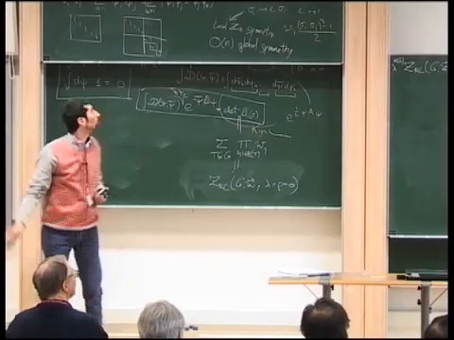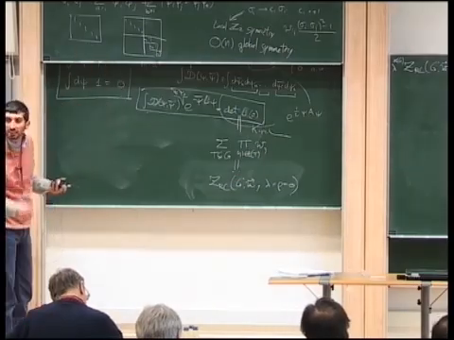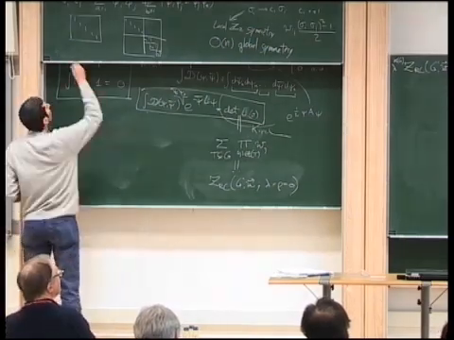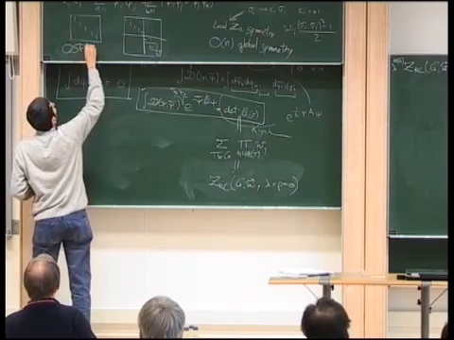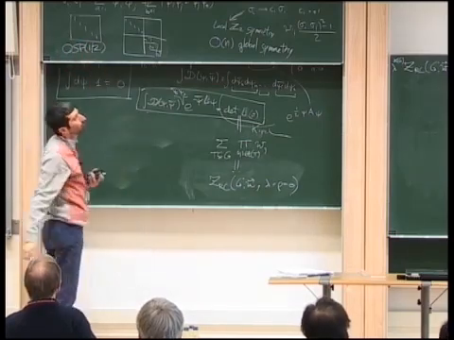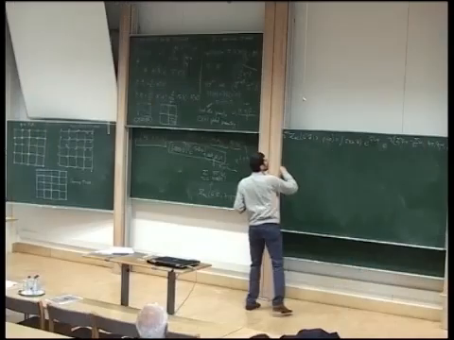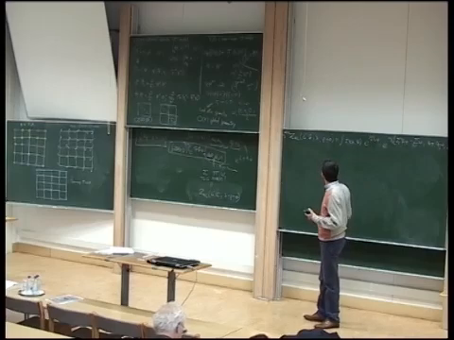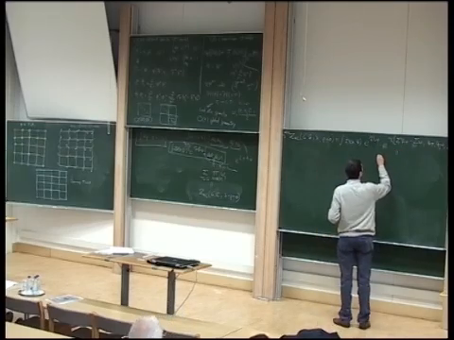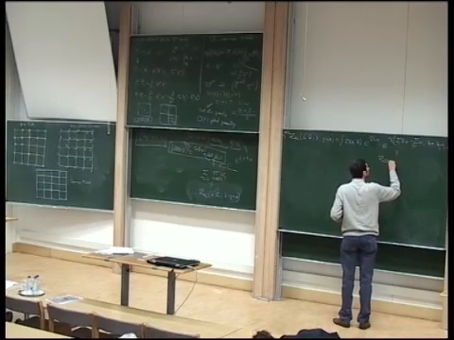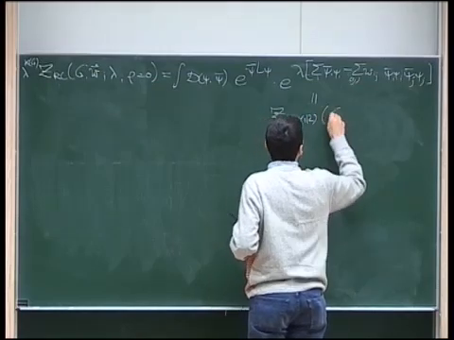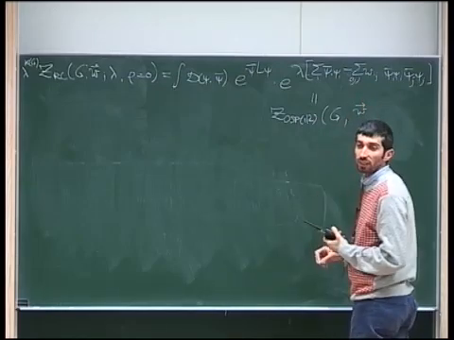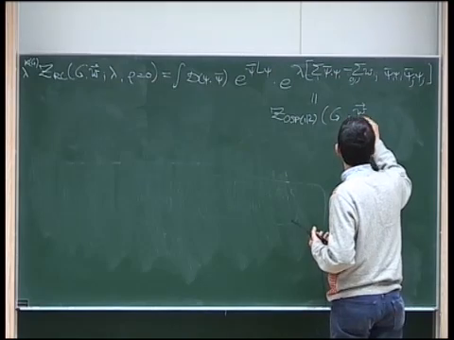It is for some n and m, and the easiest non-trivial case, not one of the previous ones, is to take n equal m equal 1, that is, the OSP(1|2) invariant model, and we gave you all the elements to tell you what this means. And what I claim is that this is equal to Z OSP(1|2) for the same graph G, with the same vector of interaction, just multiplied by minus 1 over lambda.